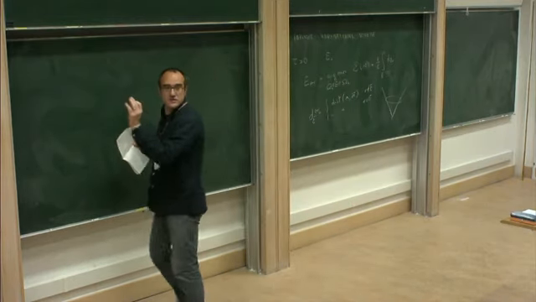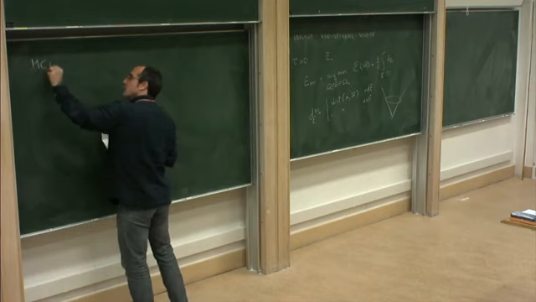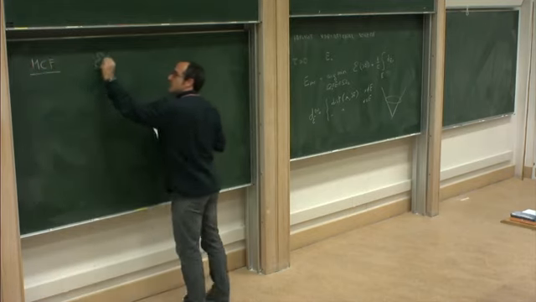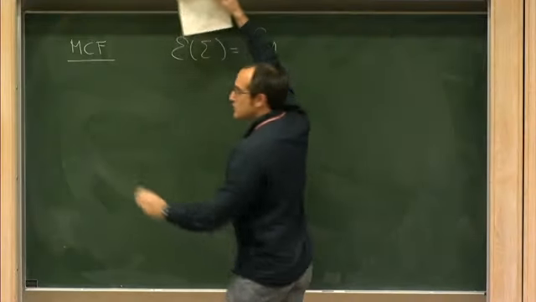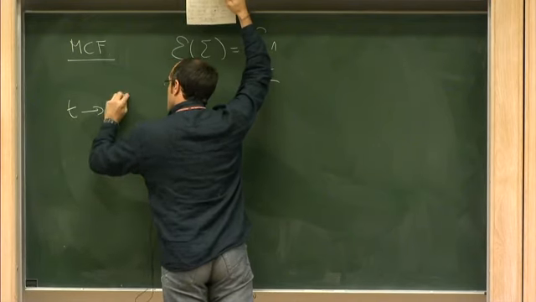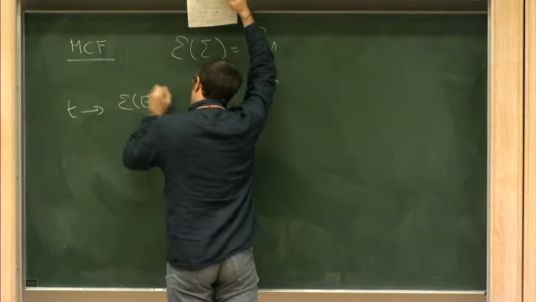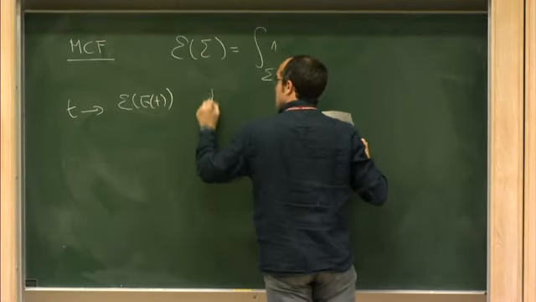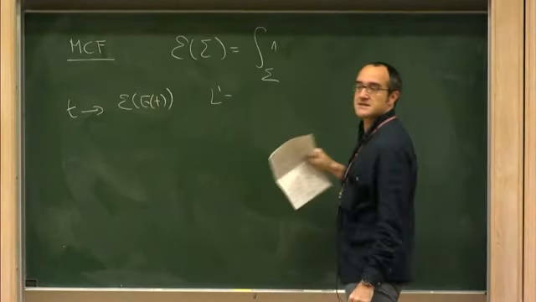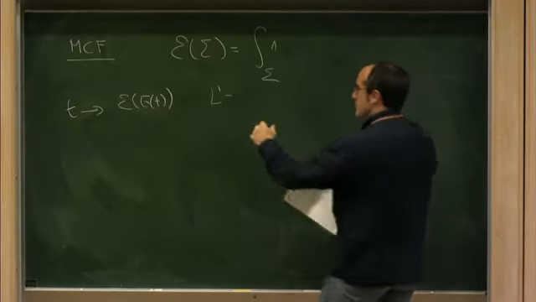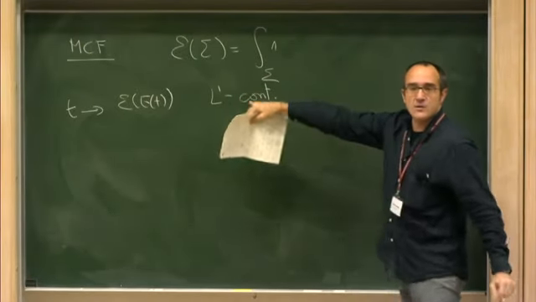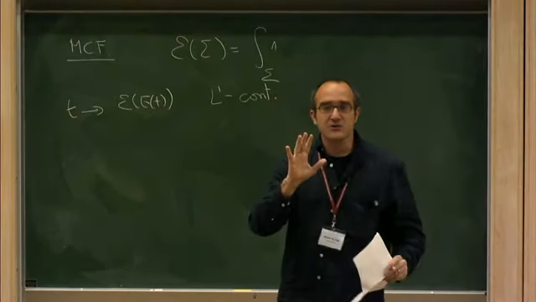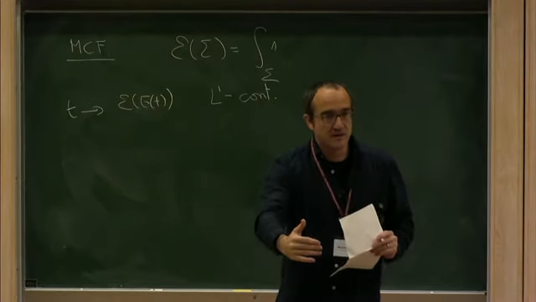So for the mean curvature flow, the energy of sigma is just the integral of 1 over sigma, and it's easy to show that this is continuous, in fact Holder continuous with exponent 1/2, but in any case continuous in L1, which is essentially a weak continuity. It essentially says that you don't jump.